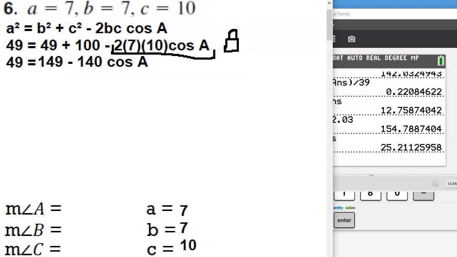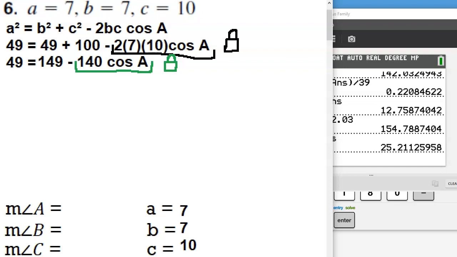So I'm just telling you right now because this is what kids mess up the most. I have seen some of the smartest kids you have ever met try to do 149 minus 140. You can't. This is locked down.